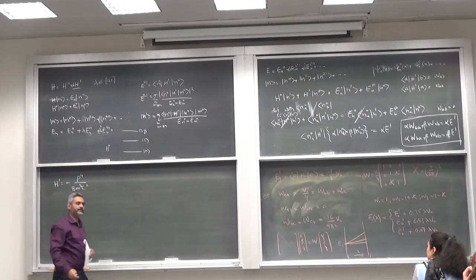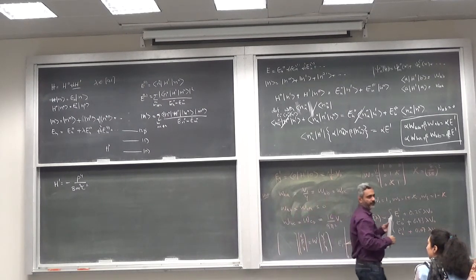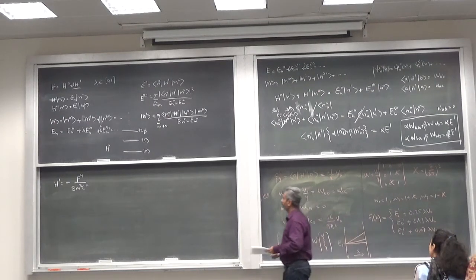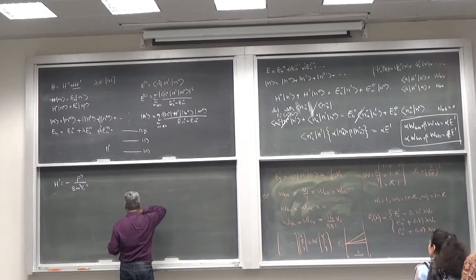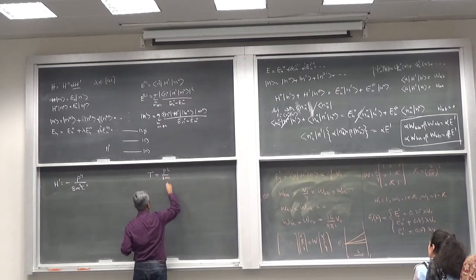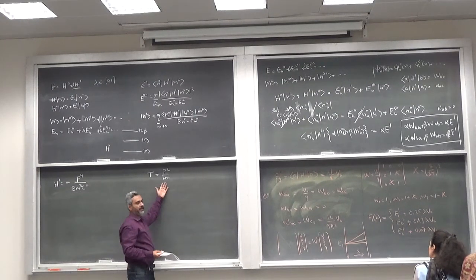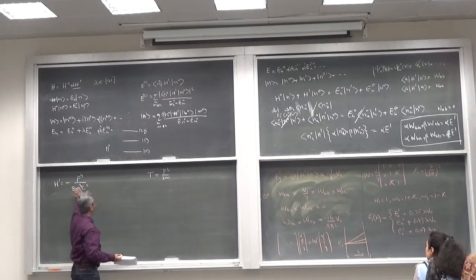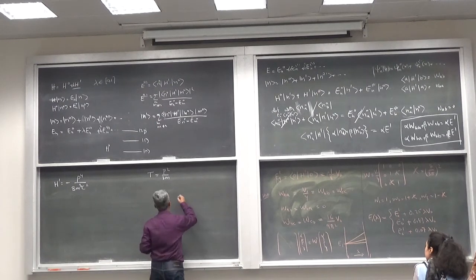Do you understand what this is? We've been using that the kinetic energy, that's called T, is equal to P squared over 2m. That's what you use. But this is just a classical approximation to the relativistic result. So the first order correction to this result is this. Homework, prove it.